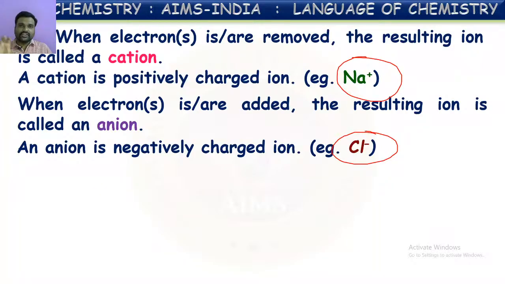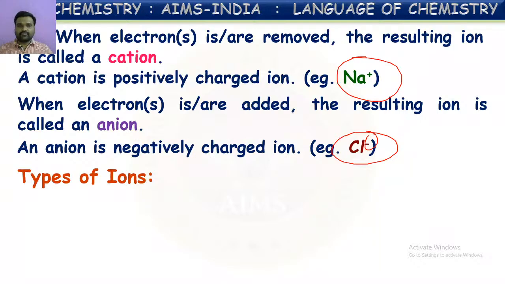Initially, in the neutral state, chlorine has 17 electrons and 17 protons. Positive and negative charges are equal, so it is neutral. But when it gains one extra electron, that extra charge is shown as a negative charge. This is called a negatively charged ion, also called an anion.